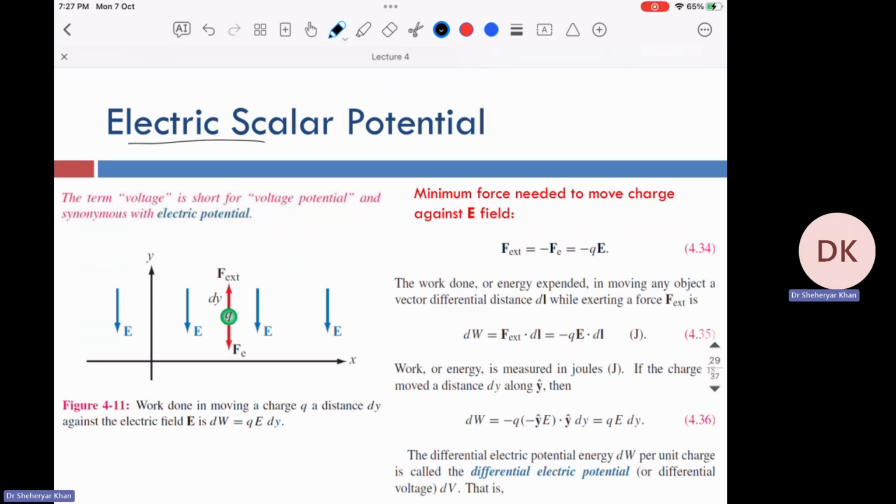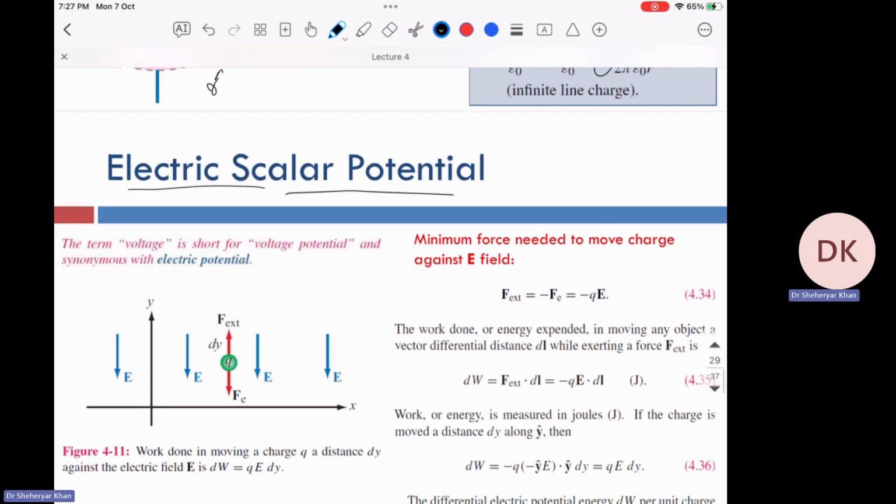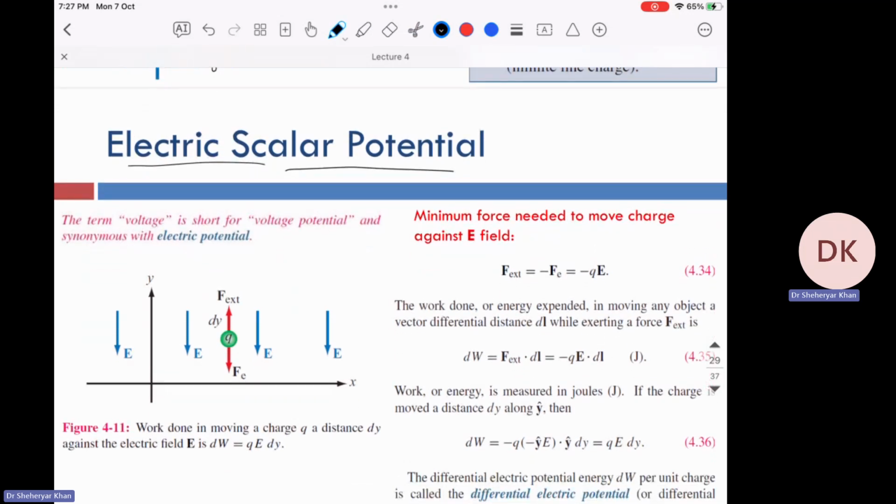Now we will try to find the relationship of all those stories and theories to the voltage, right? So you should also think about the connection between previous topics.